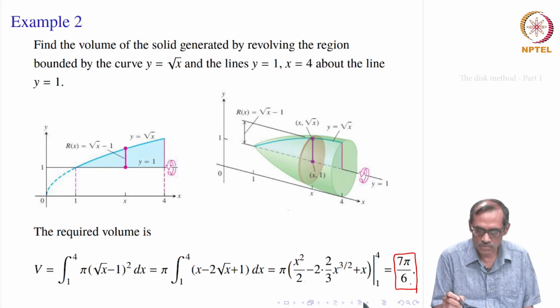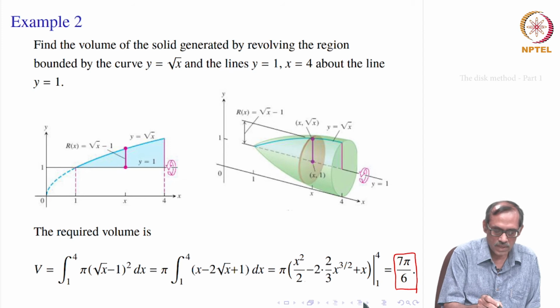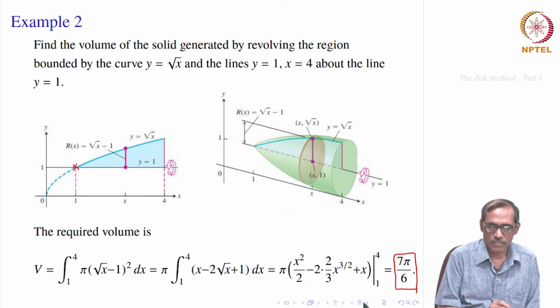Here, as you see, we have to really find the limits for integration, and the limits come from the point obtained by the intersection of the curve and the line y equal to 1. In some problems it might be given from which line to which line, but here it is not given, it is just about the line.